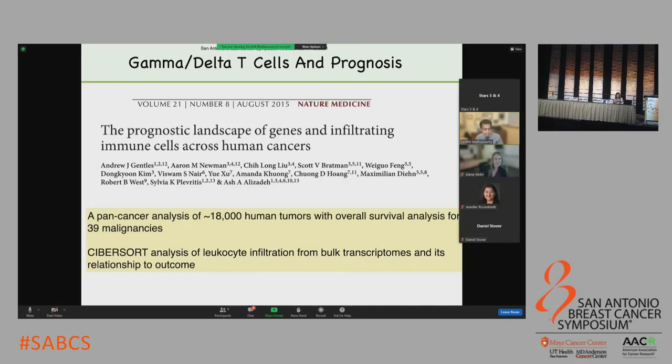And from a clinical point of view, it does look like this is an understudied population of T cells. This study was published a few years ago, a pan-cancer analysis of 18,000 tumors with overall survival. CIBERSORT looked for what type of T cells are present in a tumor gene expression profile and how that relates to the survival of these patients.